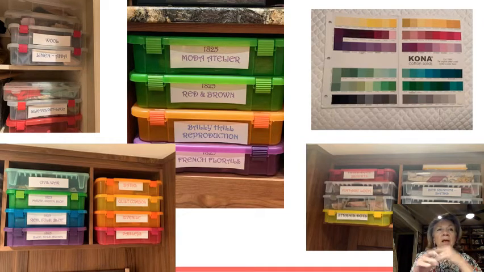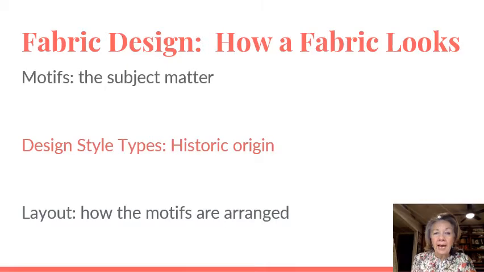So we've talked about all the different kinds of motifs in fabric design, which is our subject for today, how fabric actually looks. Now we'll move on to the next aspect of this, the design style types or the historic origin of fabric design, which is another element of fabric design.